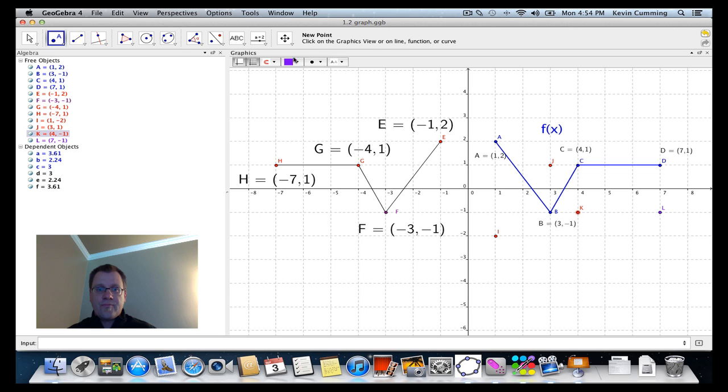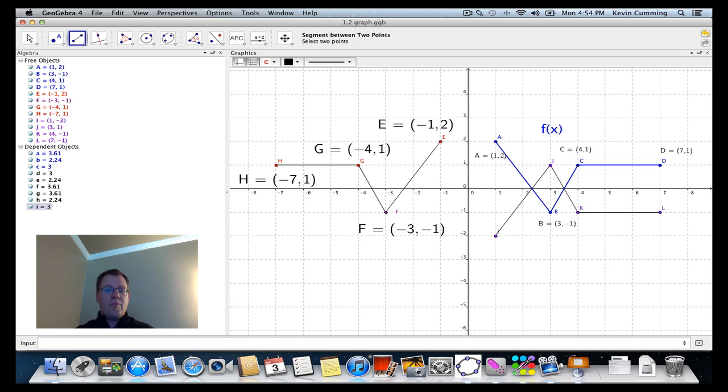Okay. So what we've done is we've reflected this in the x-axis, or the horizontal axis. Now we can see what the graph will make. Connecting the dots, we will see our new graph. It looks pretty similar to the old graph.